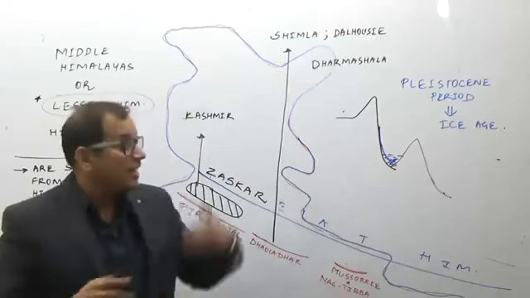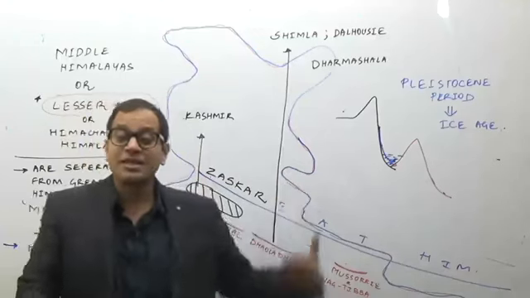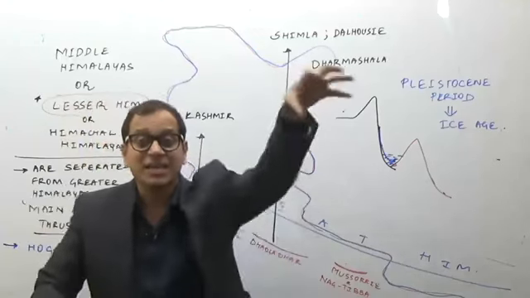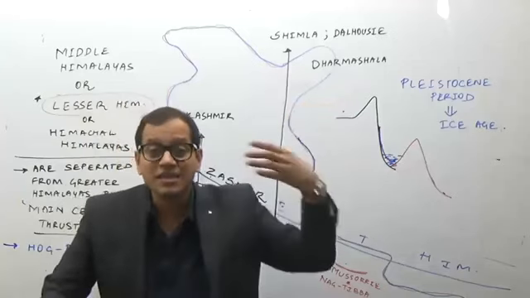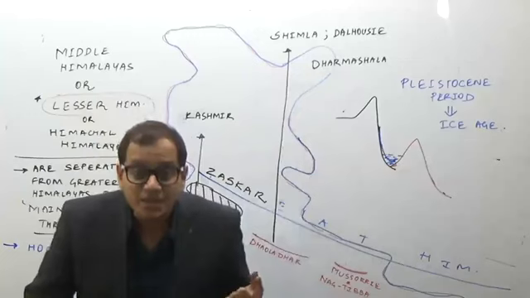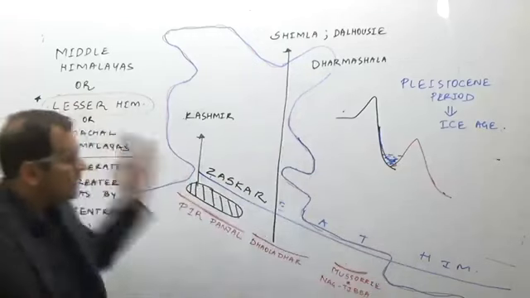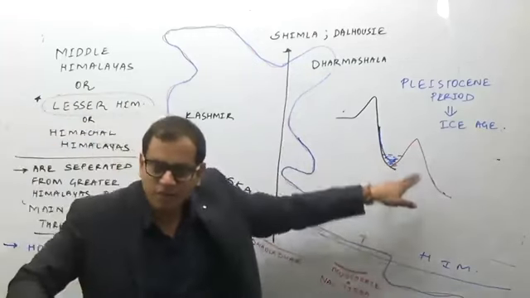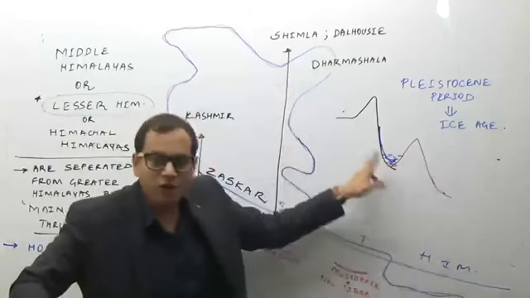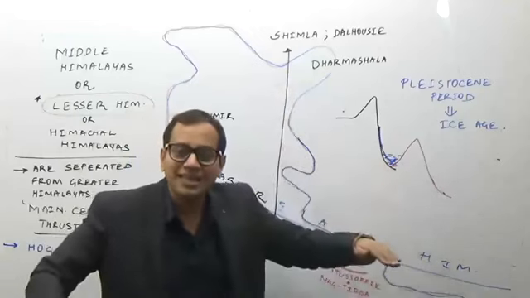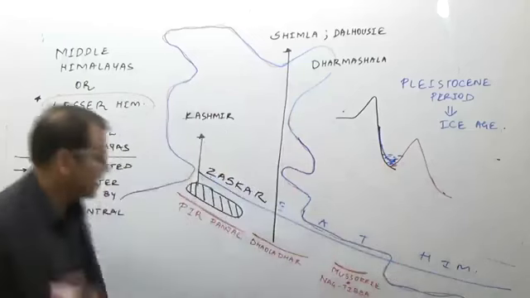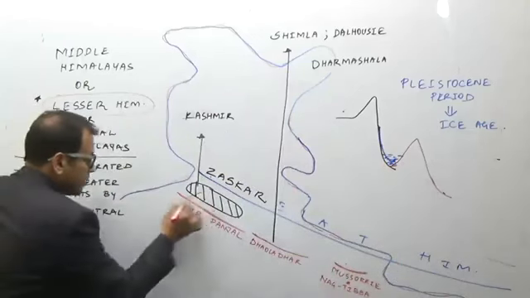We also know that when the speed of a river or a glacier decreases, they start depositing. If the speed of a glacier or a river increases, they will engage in erosion. As a result, what is happening here? Due to the formation of the Pir Panjal ranges, the speed of the glaciers and rivers here decreased, and therefore they deposited. What did they deposit?